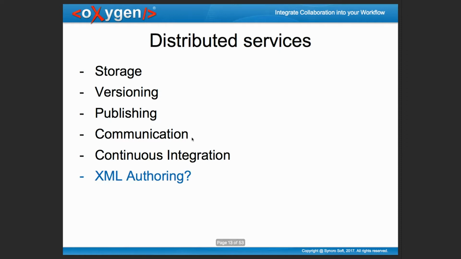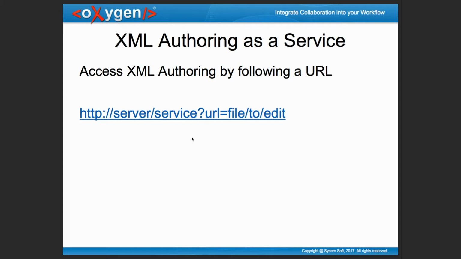And we provide, with the web author, XML authoring as another service. For storage, you have GitHub, for instance, or another repository. For publishing, you may have a web help system or a PDF, or a publishing platform to which you can push content. And what it means is XML authoring offered as a distributed service.